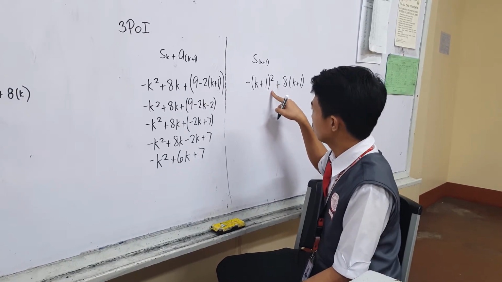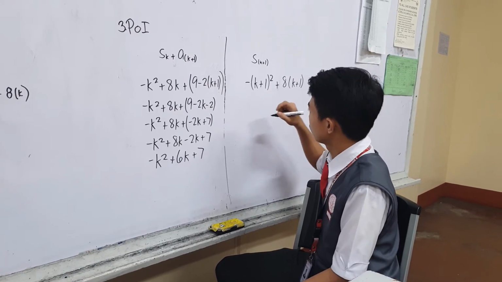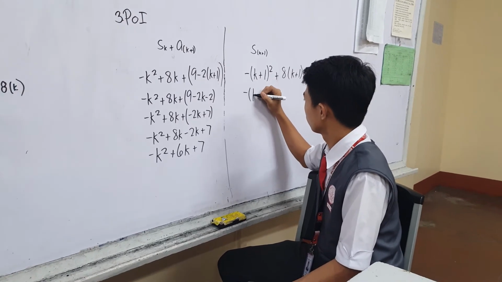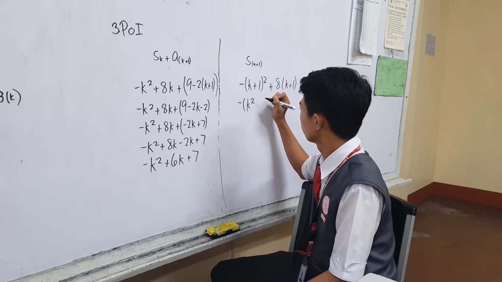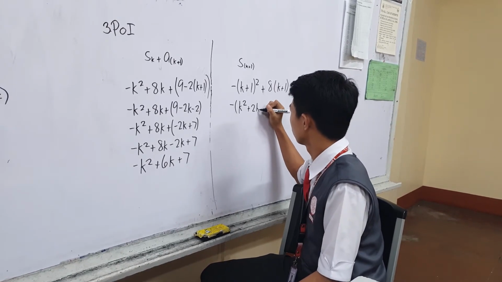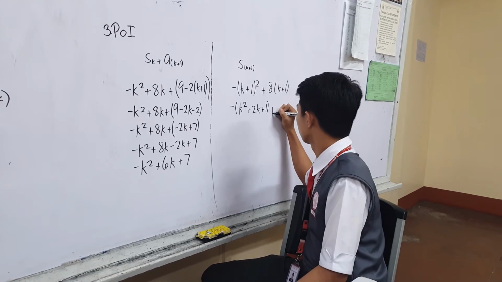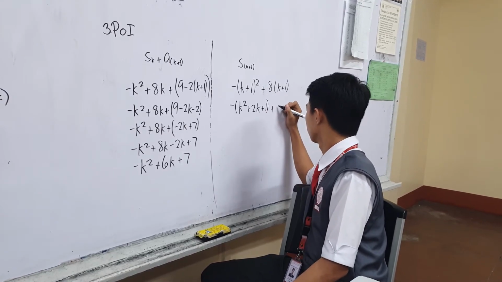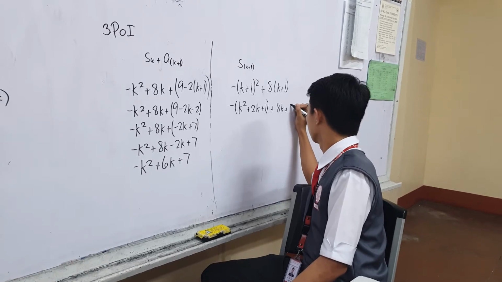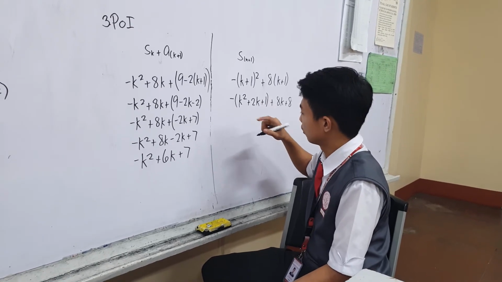Following the rule of PEMDAS, we will distribute first the exponent. So it will be like this. Then, we will distribute the negative sign.